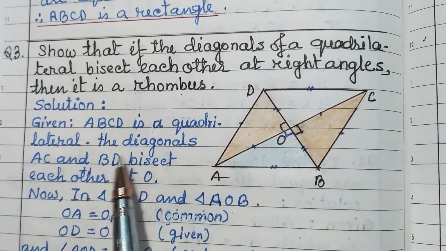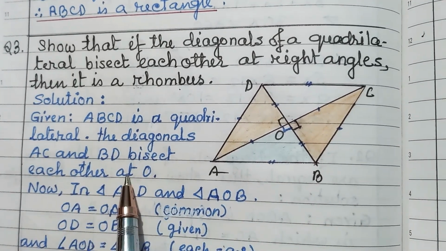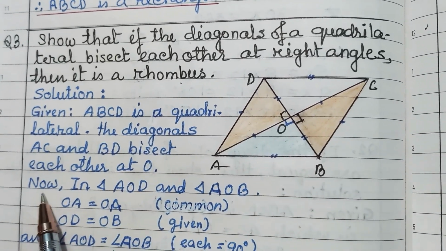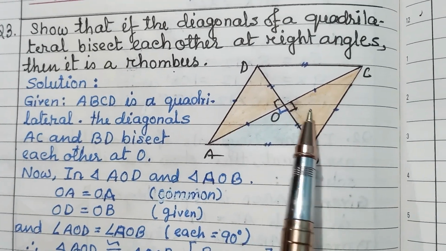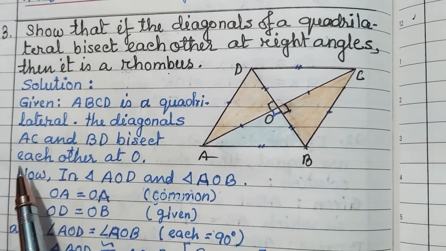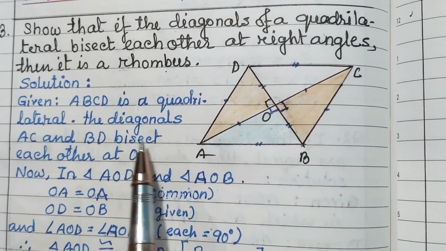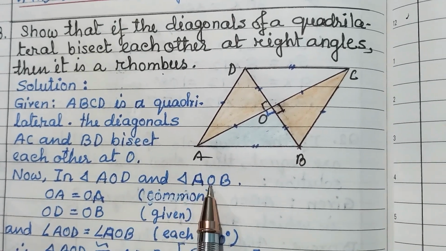Now ABCD is a quadrilateral. Diagonals AC and BD bisect each other at O. So in triangle AOD, I have put in color to understand it clearly. AC and BD bisect each other at O, in triangles AOD and AOB.